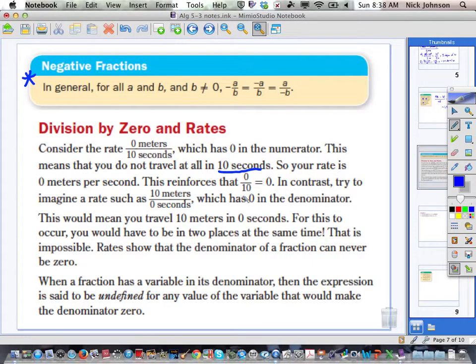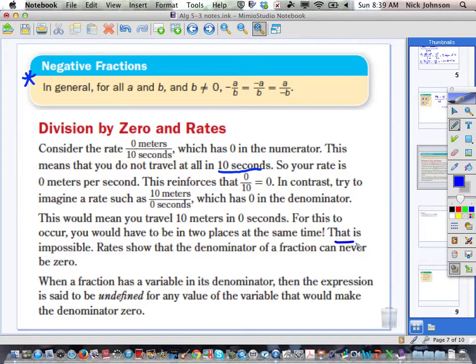In contrast, try to imagine a rate such as 10 meters in 0 seconds. Okay? Can I go 10 meters without any time elapsing? Not a chance. This has 0 in the denominator. This means you would travel 10 meters in 0 seconds, and for this to occur, you would have to be in 2 places at the same time.